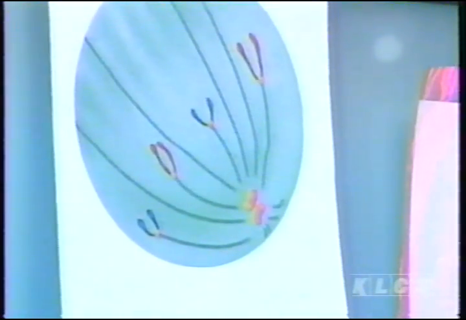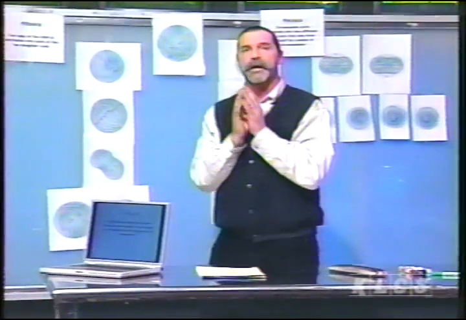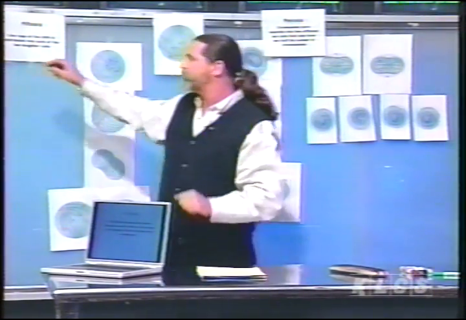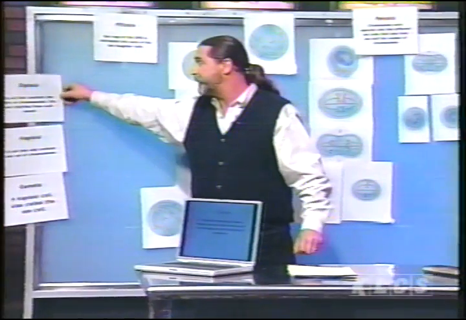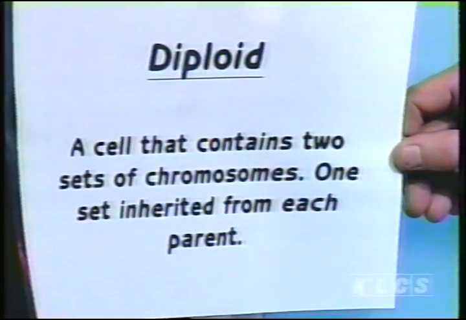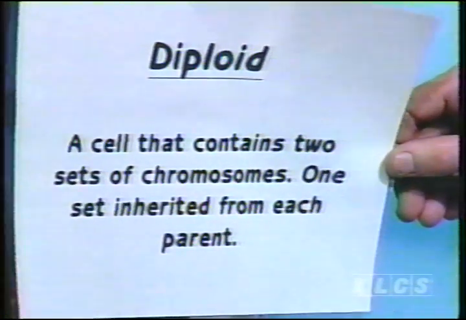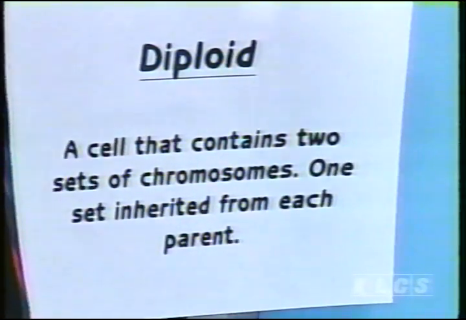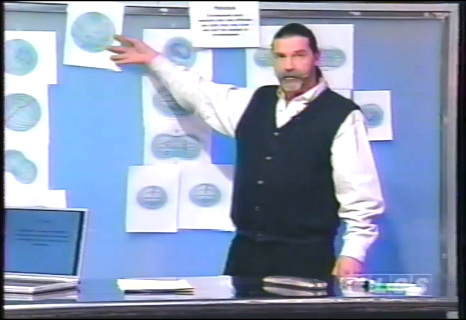If you remember, you get your chromosomes, one from your father and one from your mother. That's why they're always in pairs. When the chromosomes are in a pair, it's called diploid. So a cell that contains two sets of chromosomes, one set inherited from each parent, is called a diploid cell. And we're starting off with the diploid cell before we go into mitosis.